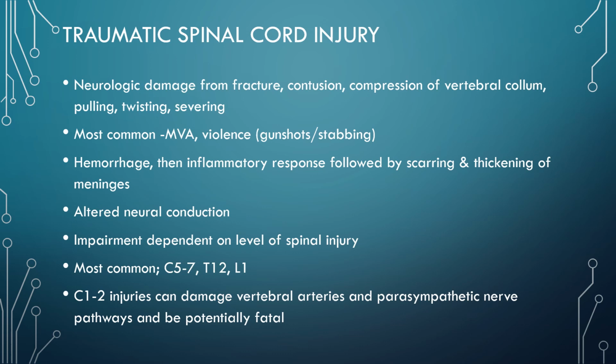And then L1, your lumbar spine, at the top of your lumbar spine. The reason these are the most common areas for damage is actually because they are the most flexible areas of your spine. So imagine if you're in a car accident and your body gets thrown. It's those movable parts that can fracture, twist, sever, or pull.